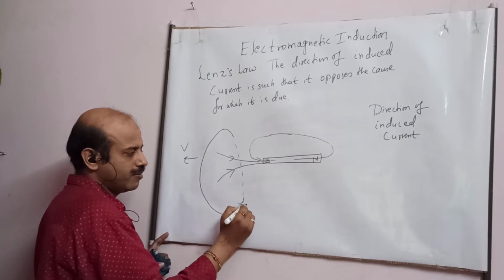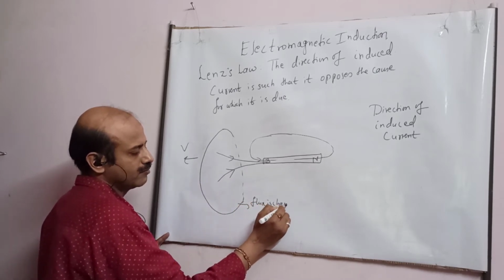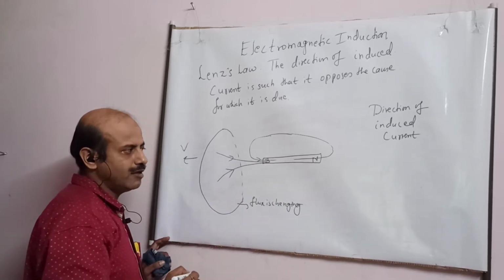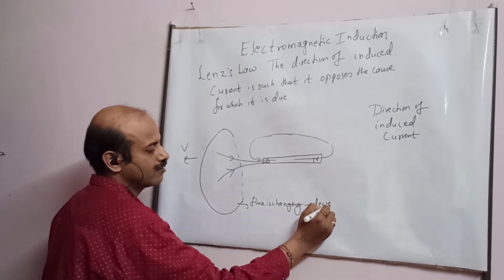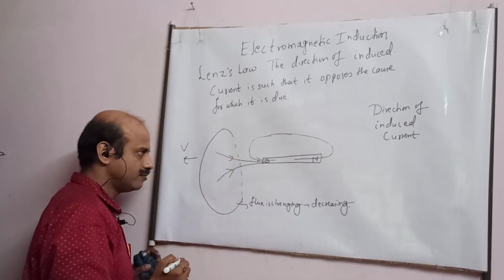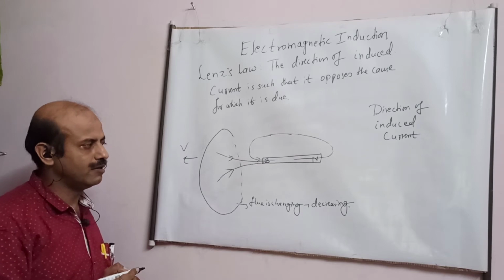So in this loop, flux is changing, student. And how is it changing? It is decreasing, student.